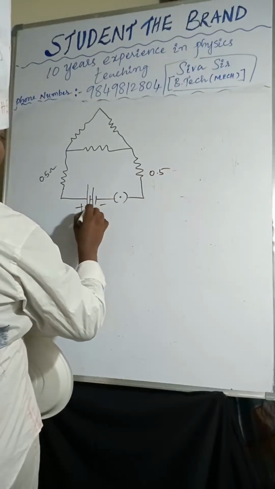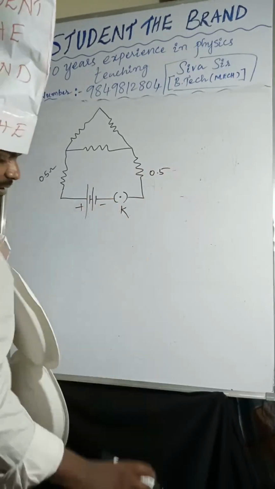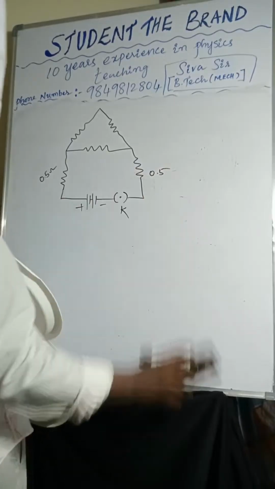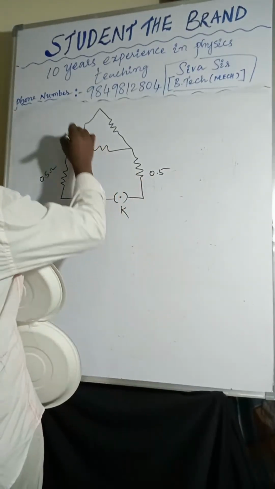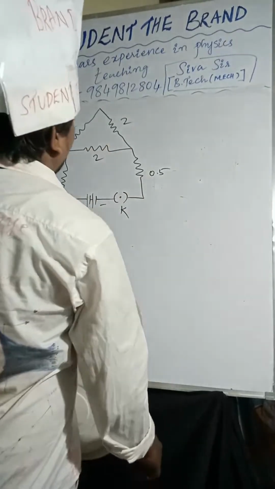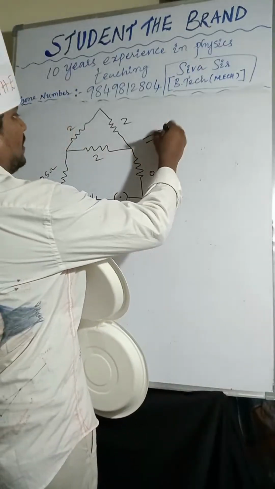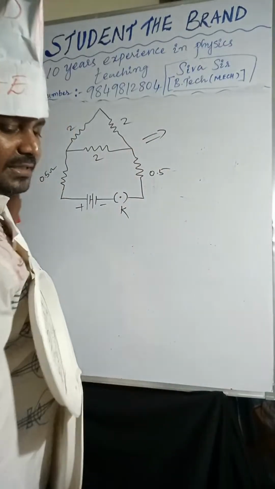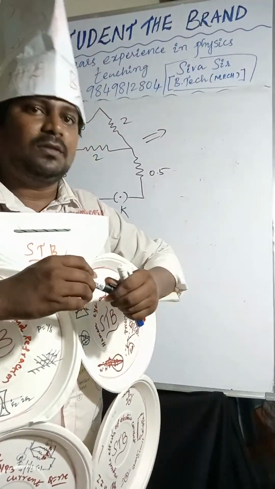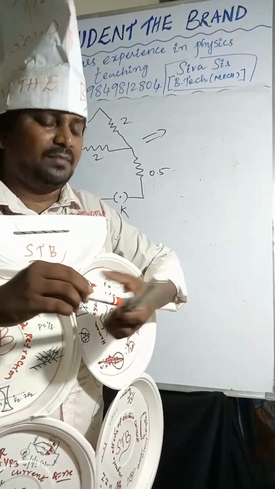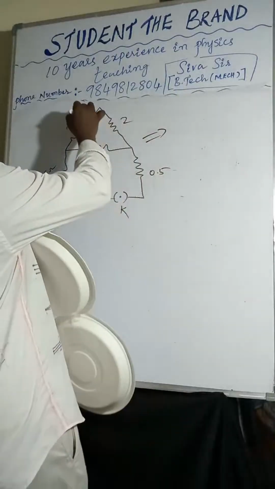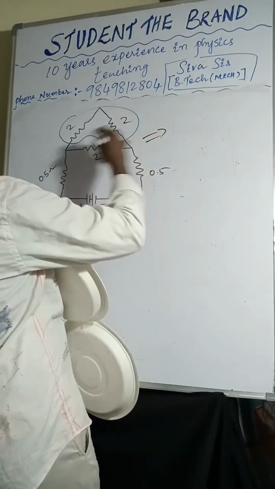Current is passing from the positive terminal to the negative terminal through the key. This is 2, this is 2. How to solve it? While solving this type of circuit problem, you must redraw the diagram every time you identify a combination. So I'm taking these two 2s and redrawing the diagram.